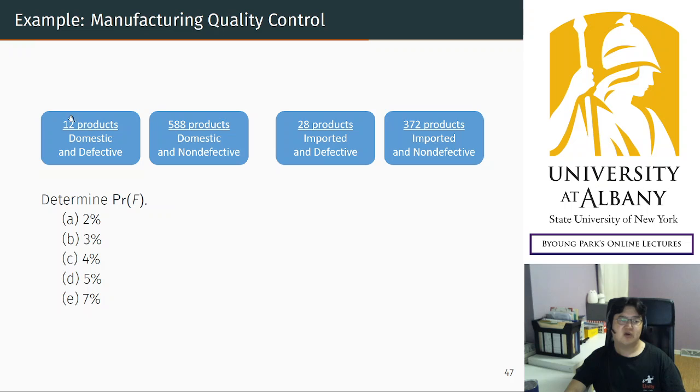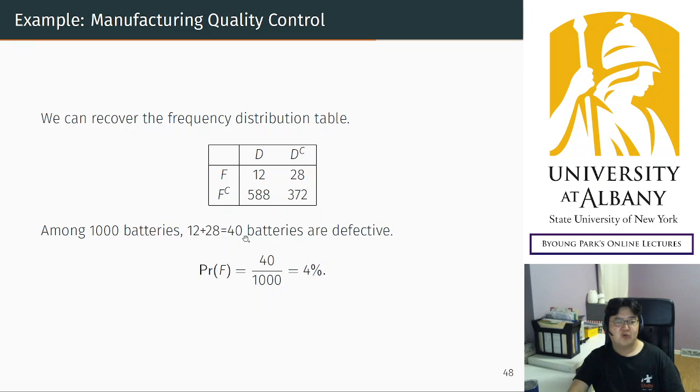And there are 12 and 28. So in total, there are 40 batteries that are defective, regardless of whether it is domestic or imported. So in the end, out of 1,000, we had 40 defective batteries. Therefore, the probability is 4%.